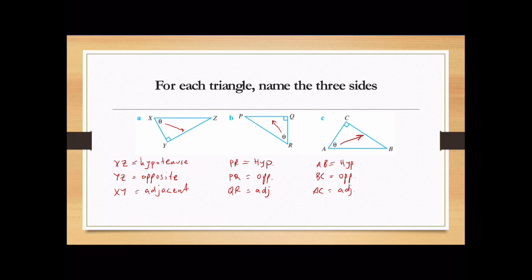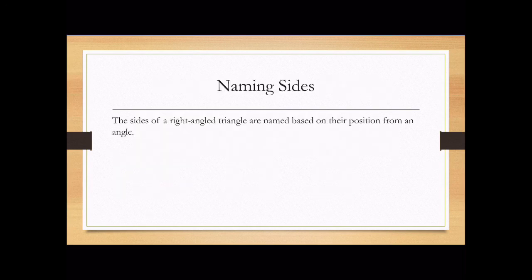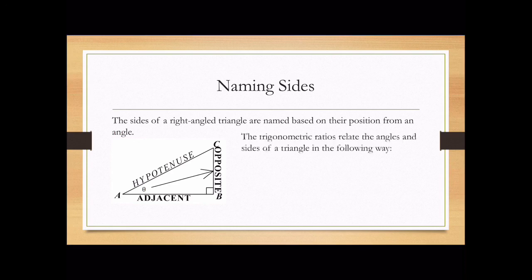There are three trigonometric ratios we're going to have a quick look at today, and they're all based on where these sides are in relation to an angle. So we have our three sides, and now there are three ratios. The first one is sine. It gets shortened to SIN, but it's not sin, it is sine.